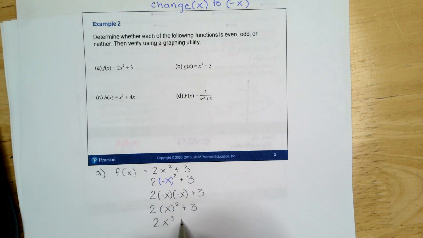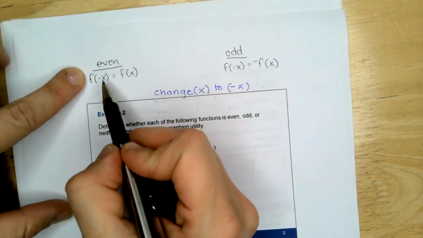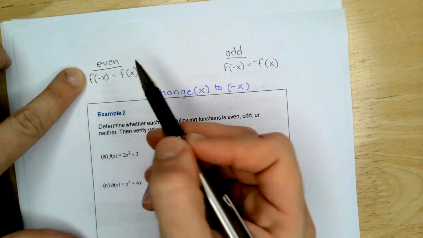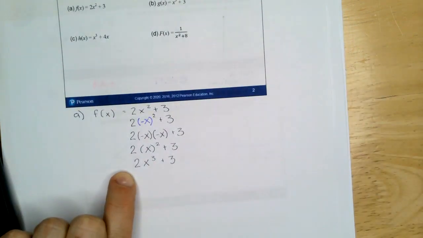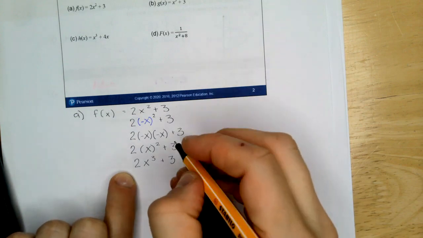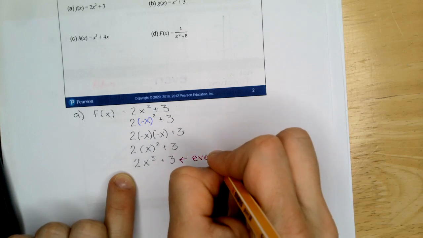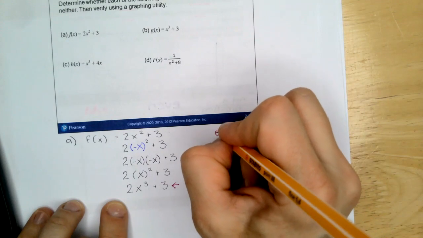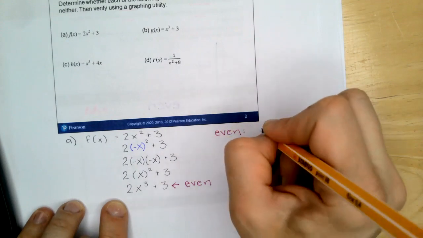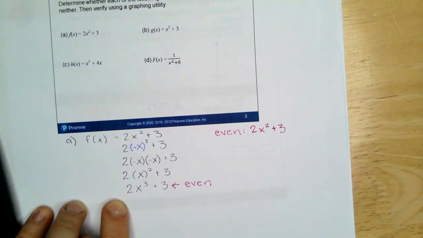So once I simplify it as much as I can, I see that it is the same. It is an even function. I put in a -x, but I got the same function I started with. So we're going to call this one even. If it's even, it's going to look like 2x squared plus 3.